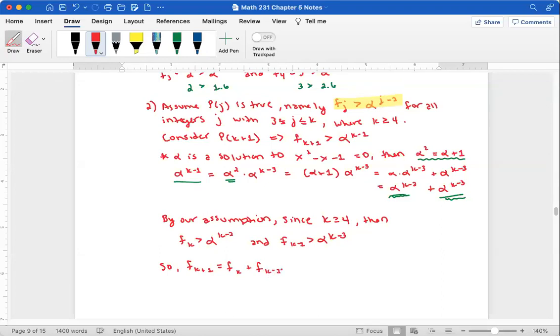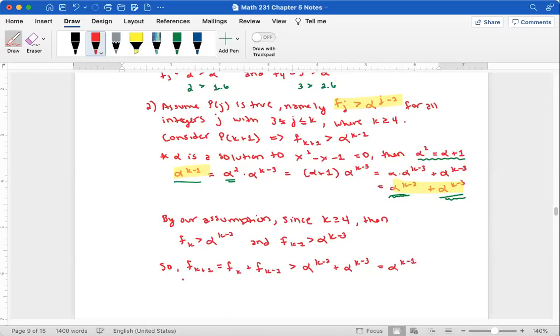But these two previous Fibonacci numbers happen to be bigger than these two alpha values, alpha to the k minus 2 and alpha to the k minus 3. However, we showed that alpha to the k minus 1 equals those two alpha values. So these actually equal alpha to the k minus 1.